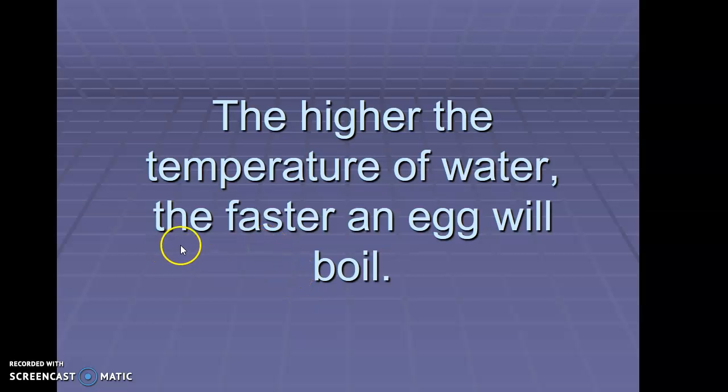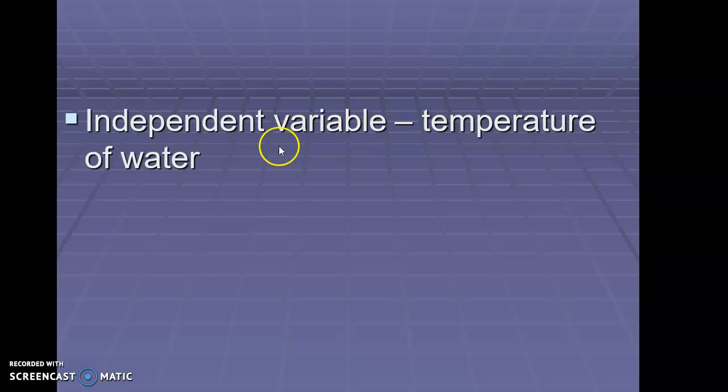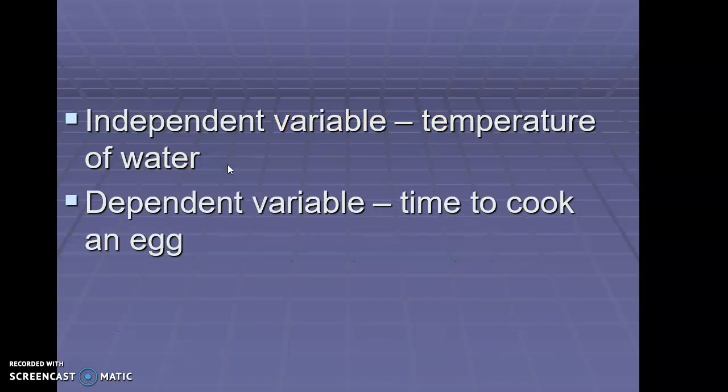So we're going to time maybe how fast the egg will boil. So we're choosing as our independent variable the temperature of the water. So let's check ourselves. Independent variable is the temperature of the water. Dependent variable is the time to cook an egg.